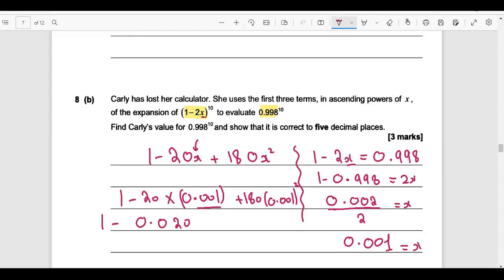Then the next one would be plus. You can use your calculator as well, do it directly as well. 0.001 squared would be 1 with 6 decimal places. So 180 with 6 decimal places can be written as 0.000180.